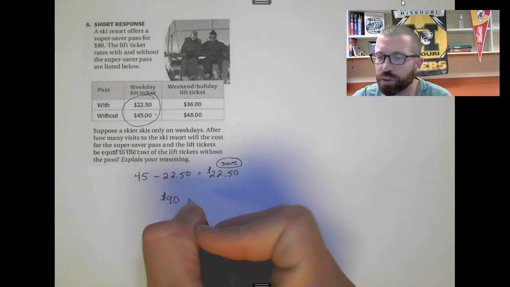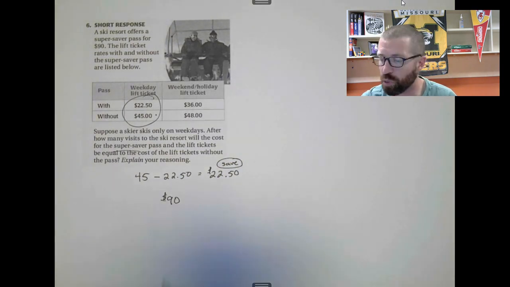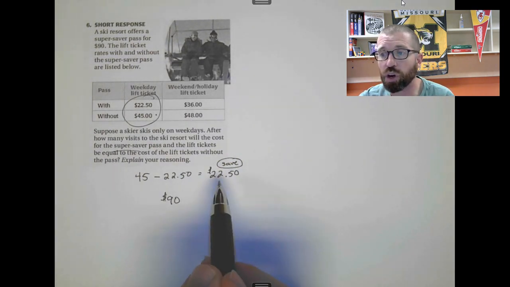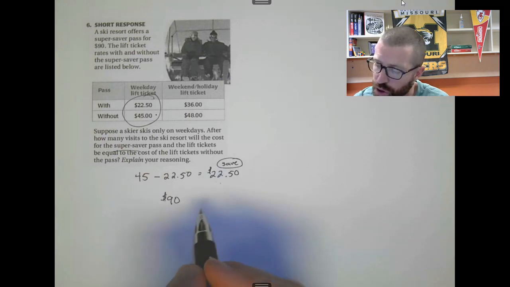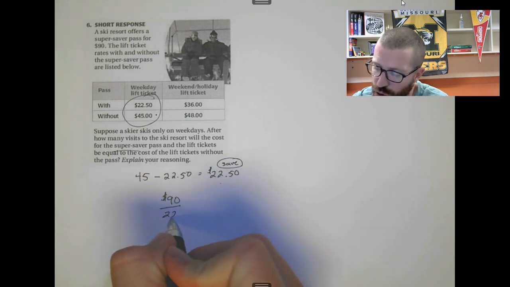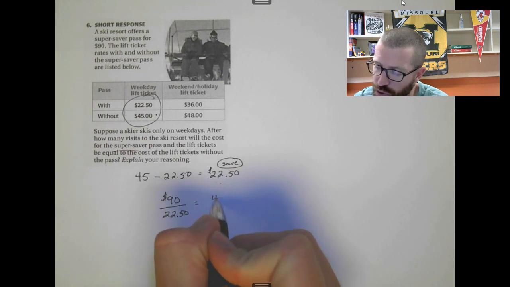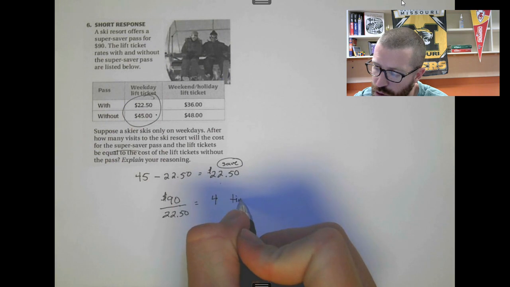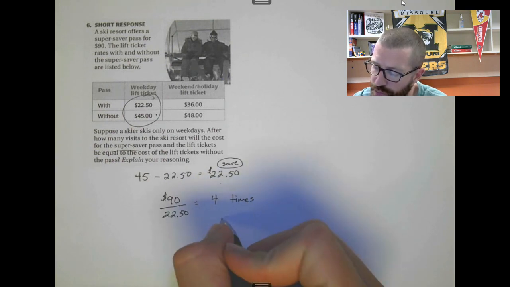Let's think of this without an equation necessarily. If I save $22.50 each time, if I go once, it's $22.50. If I go twice, that's $45, and so on. And so you could just divide 90 by 22.50 and see that at 4 times, the cost is going to be the same.